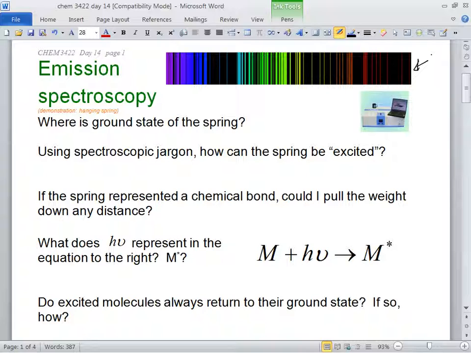All right. Okay. So if the spring represents a chemical bond, can I pull the weight down any distance, Melissa? So this is supposed to be a chemical bond. So I've got a C atom and a C atom or something, a carbon double bond or something, right? Can I pull it down any distance I want? No. And why?